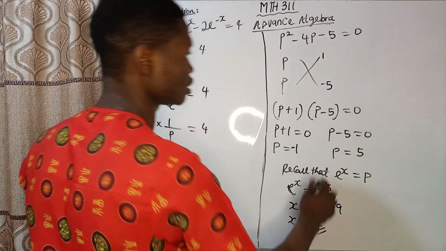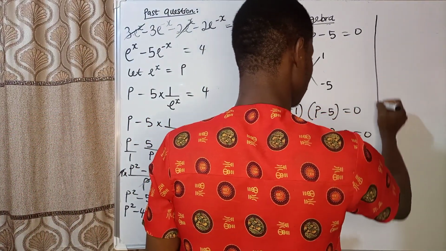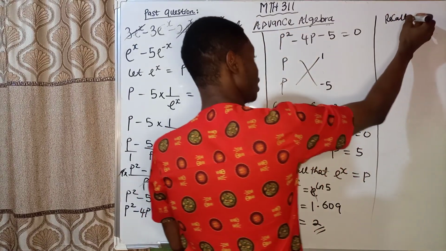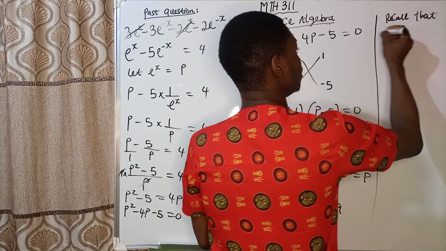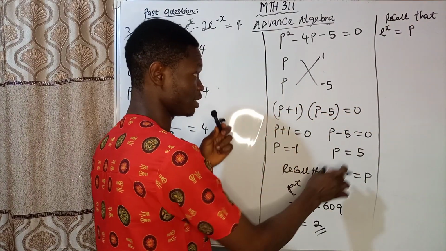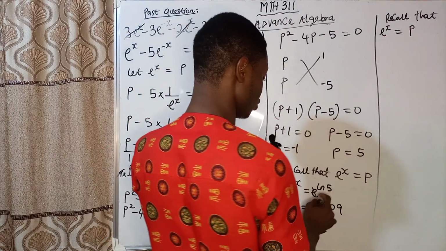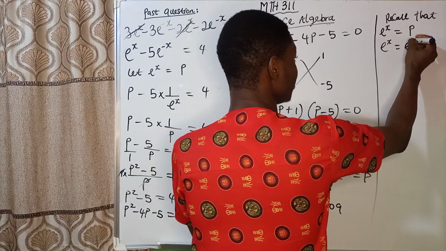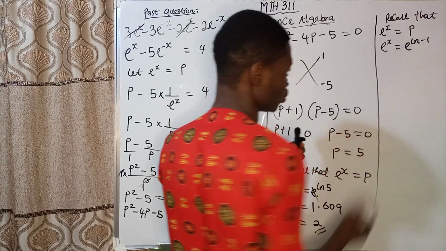Now let's work this one on this side. Recall that e^x is equal to p. Now p is equal to minus 1. You're going to have e^x is equal to minus 1, so x is ln of minus 1.